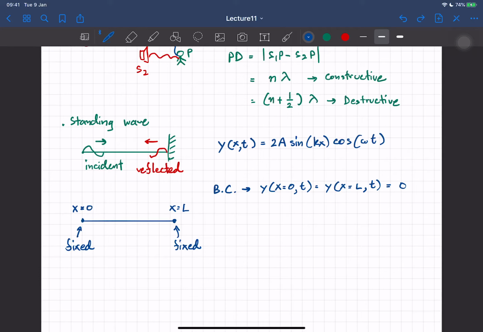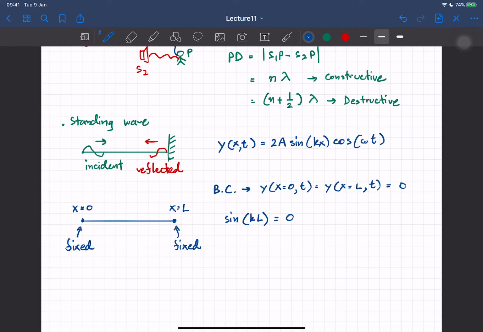These conditions will allow us to write down the condition for possible values of k. Not any k will work, only some values of k are going to work and satisfy this boundary condition. And we found that condition by saying that sine of KL must be equal to 0.